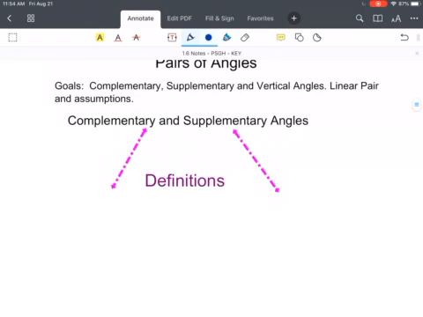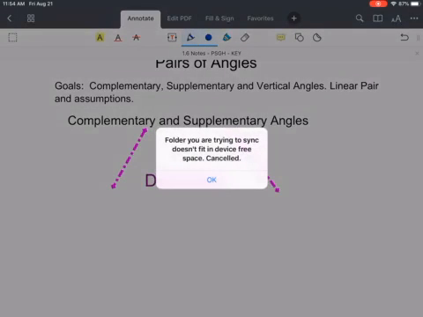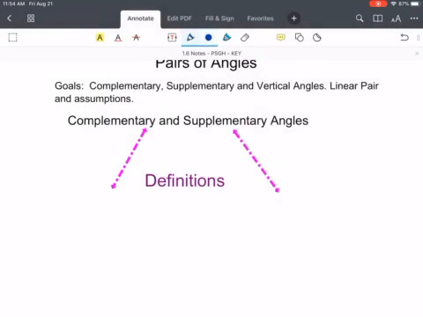Today we're going to talk about different pairs of angles, looking at complementary, supplementary, vertical angles, linear pairs, etc. So first things first, when we're looking at complementary angles, we are looking at two angles that add to 90 degrees.